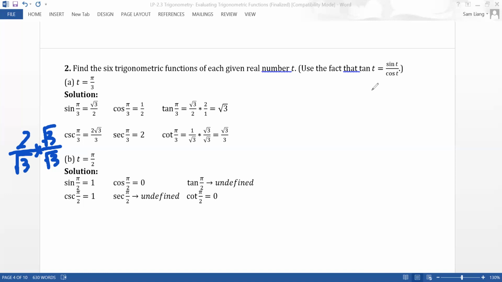So cotangent is equal to cosine over sine. And that's another trig identity that we'll see in a future lesson. I mean, we'll establish that, right? But for now, see cotangent as cosine over sine. So cosine over sine, that's 0 divided by 1, right? Which is how we get 0 here. Okay. So please pause the video here if you need these answers.